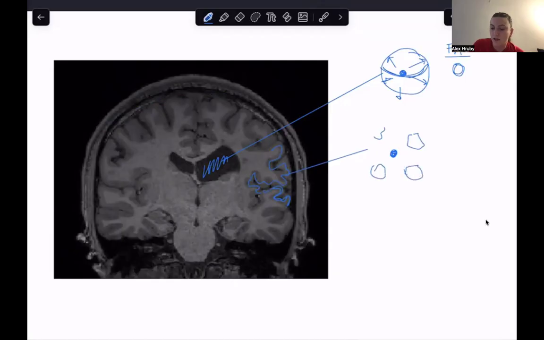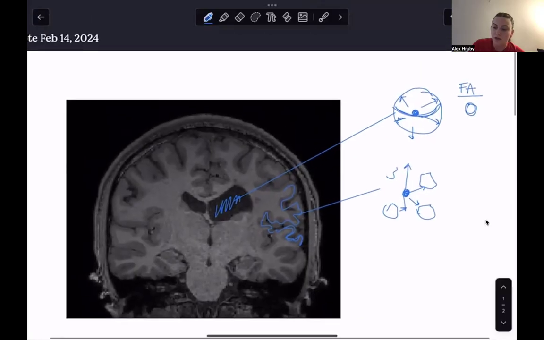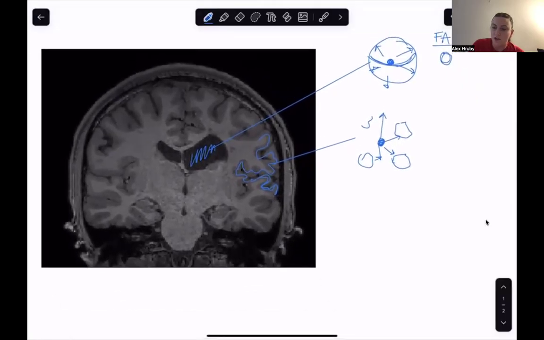So it can still move in a lot of different directions, but it might be restricted in some more than others. So that FA is going to be a little bit higher. It's not going to be 0, but it's not going to be close to 1 either. It can be anything like 0.1, 0.3, those sorts of values, depending on the properties of the tissue.